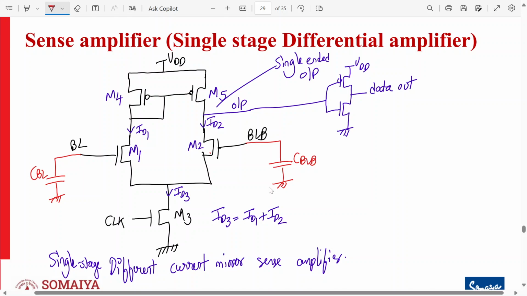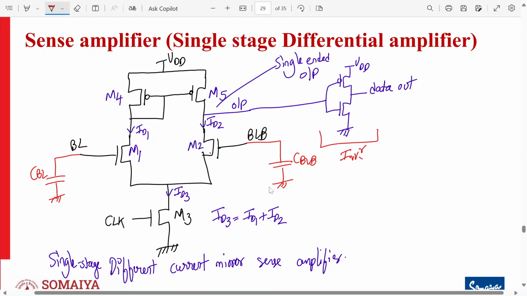So the output inverter, this is the inverter. It's not a part of the differential amplifier, but it is used to drive the output node. Before the beginning of a read cycle, the two bit lines are pulled up for equalization. So these capacitors are pre-charged to VDD first. And then when the clock is low, M3 becomes off.